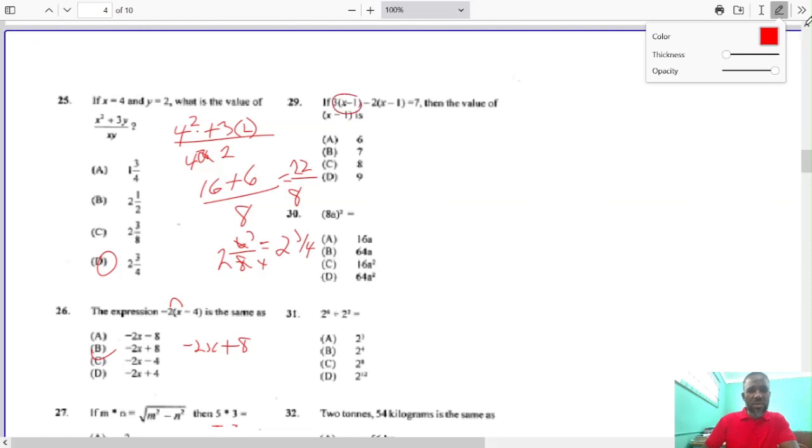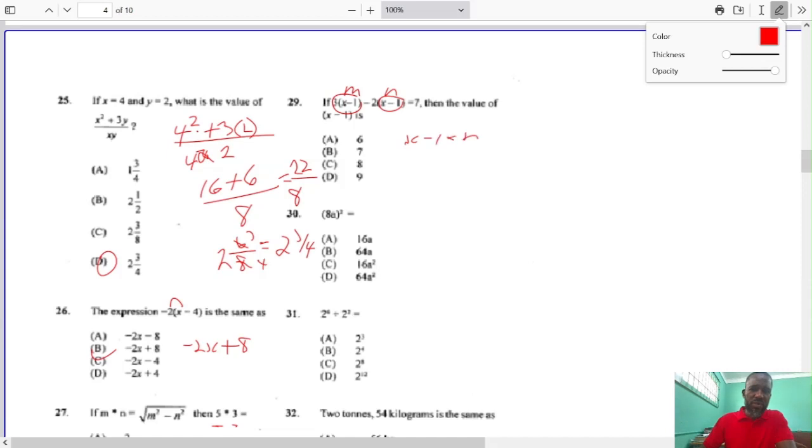So we could implement a new variable. So let us call this m. Okay, so therefore x minus 1 is equal to, say, m.